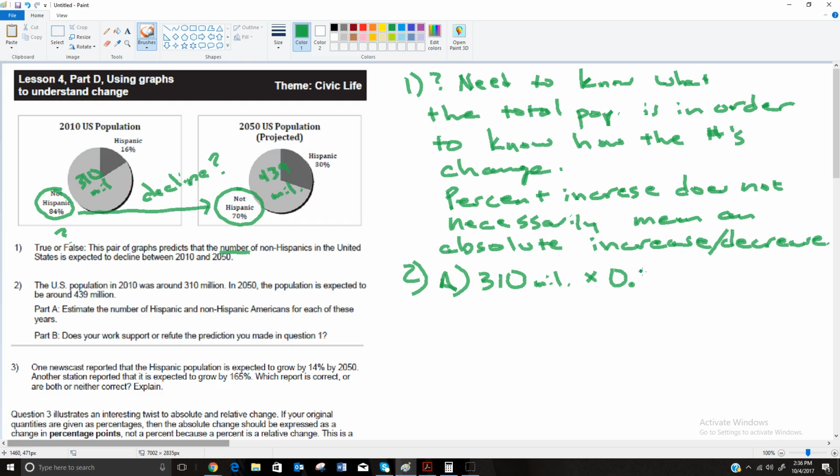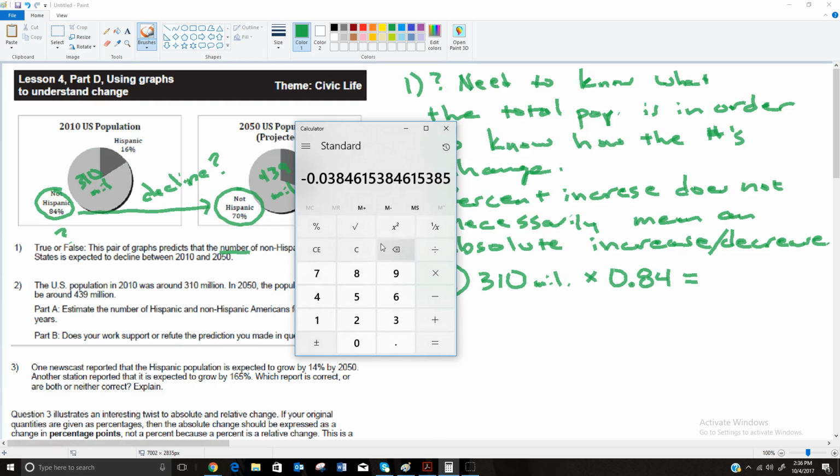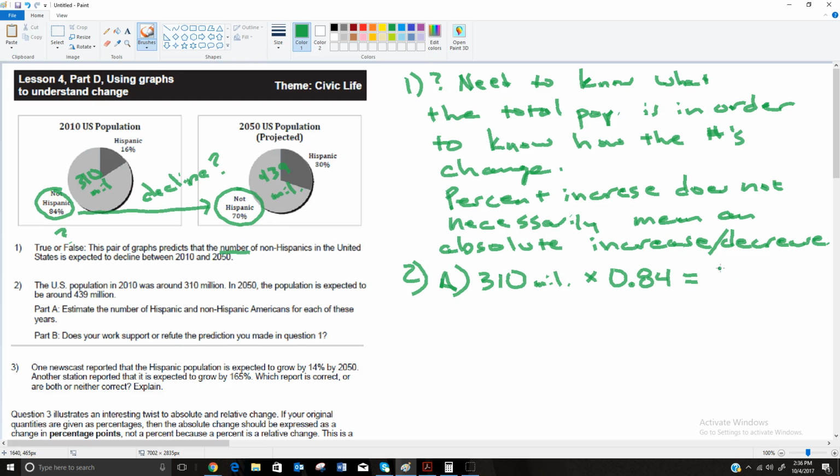So 84% as a decimal would be 0.84. And if I calculate that out, 84%, I'm going to do it in reverse, but it'll be the same. 0.84 times 310, so 84% times 310 million, gives us that currently, or in 2010 at least, there were 260.4 million non-Hispanics.